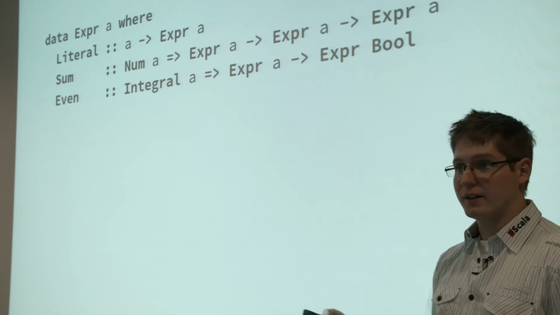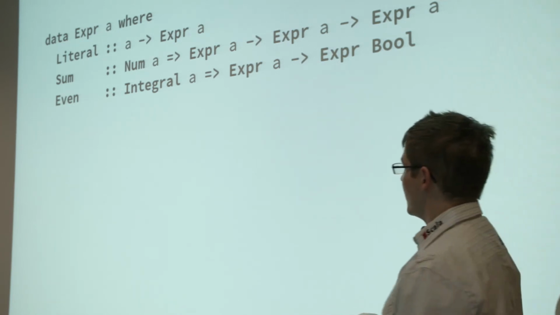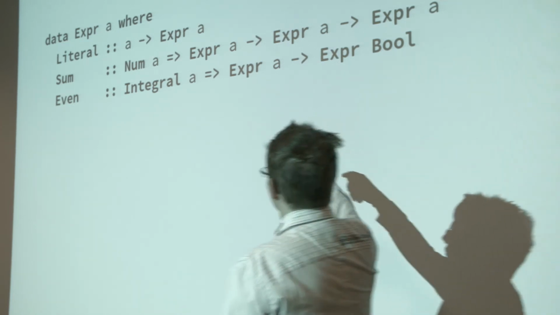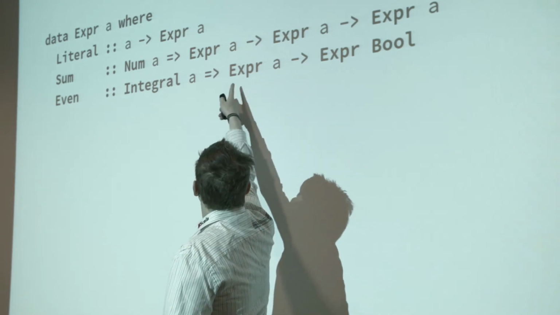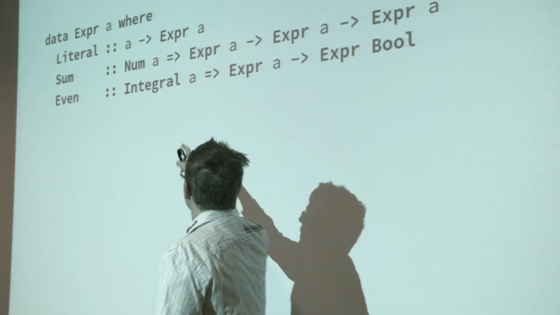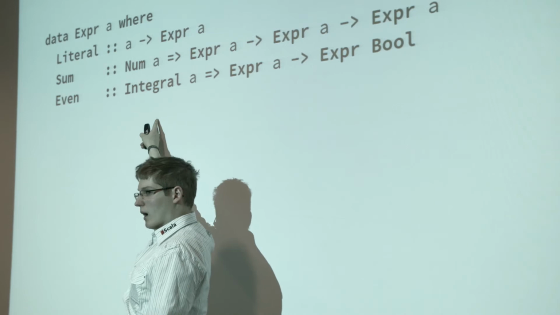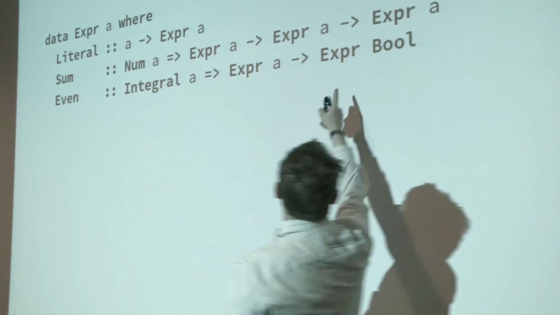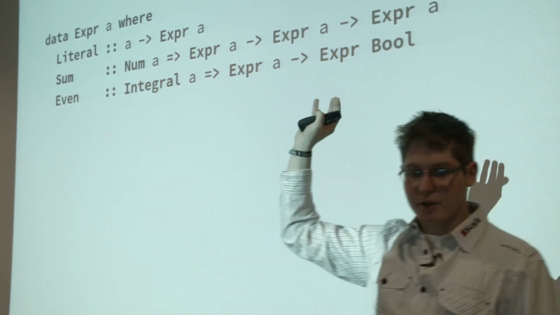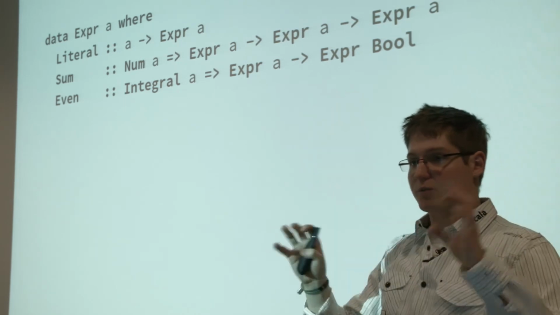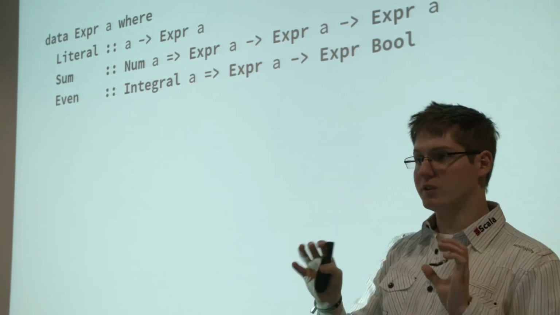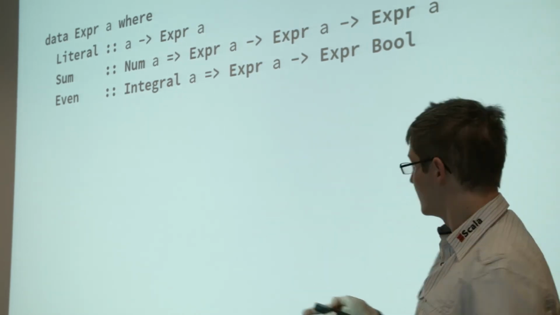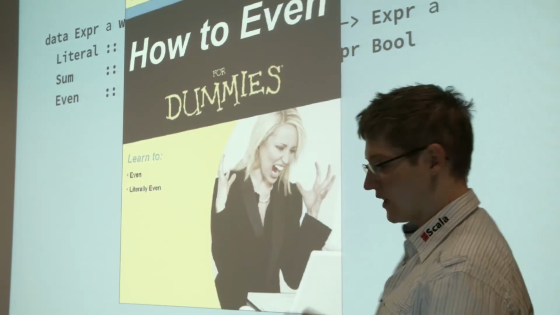And this is actually Haskell syntax, so you can do that. And what it means is for any a, if you have a value of Expression a and you have proof that it is somehow an integer, then you can get an Expression Bool. And you can read that as, if I have an expression of type a somewhere in my code, it will produce an a. Right? So this actually works.